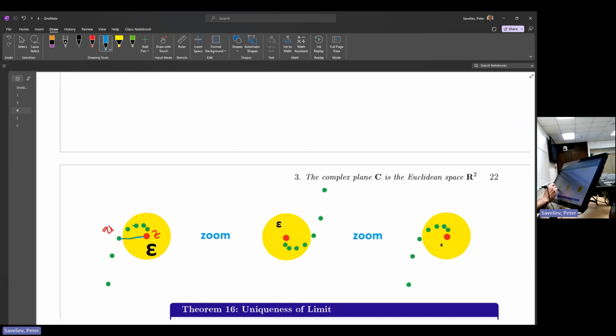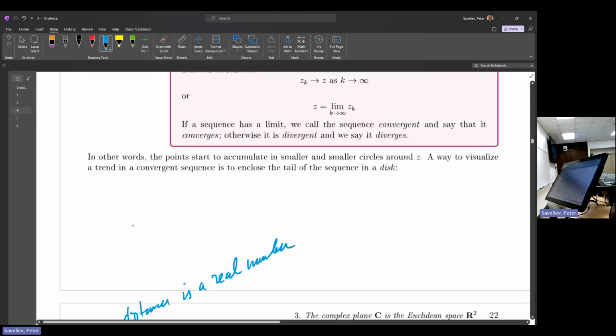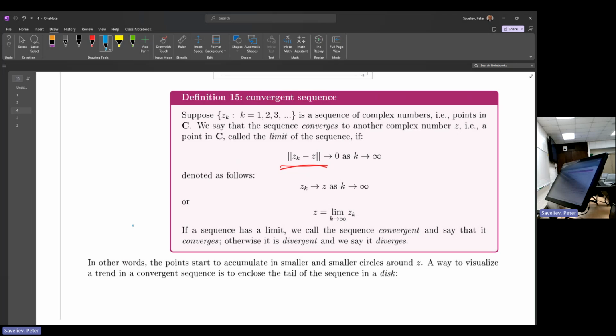And that's what's so great about the distance, it's nothing but a real number. And so the idea here is to convert something that we just introduced, convergence, the idea of complex sequences and complex convergence, we reduce it to that of real numbers.